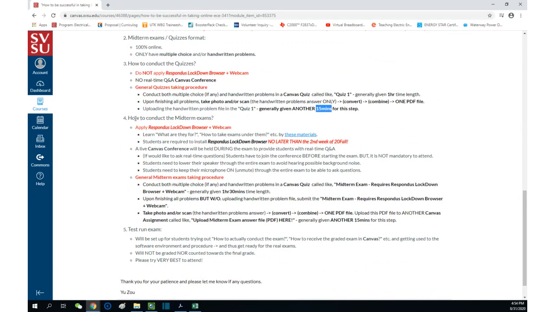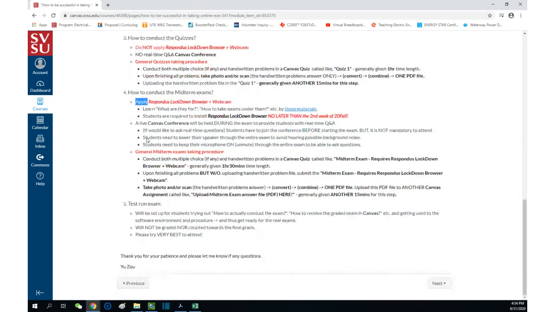How to conduct the midterm exam? This is obviously different. First, it does apply the Lockdown Browser. Is there anyone of you who really has no idea or never used Lockdown Browser before? Are there many of you?